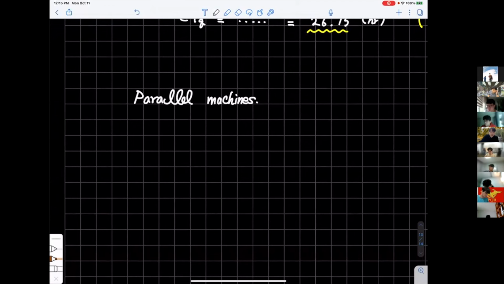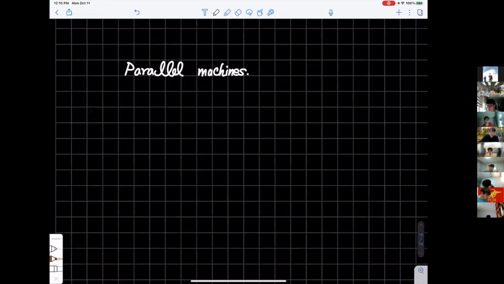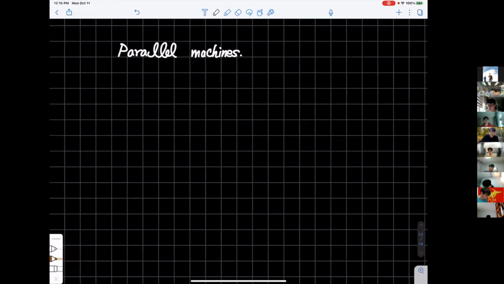It is very, very complex, but please don't worry, because past researchers have already concluded the final approximation. So let's only check the result for parallel machines.